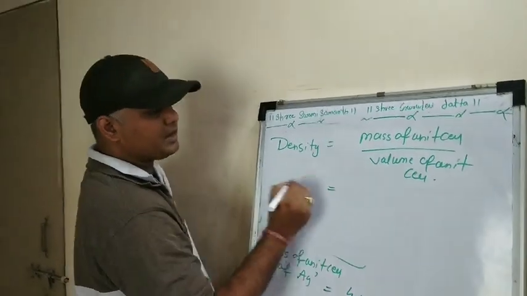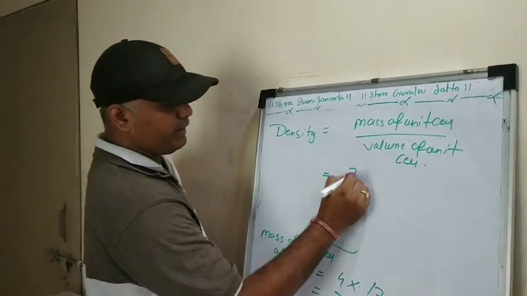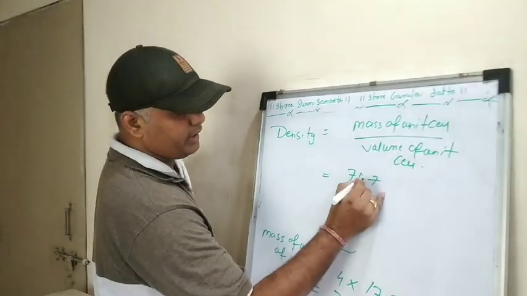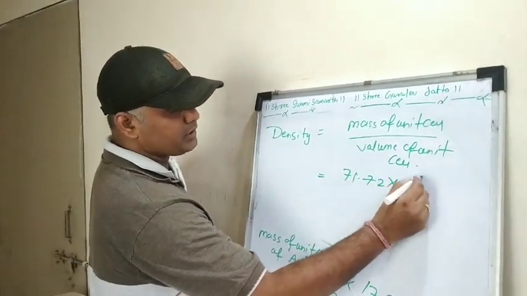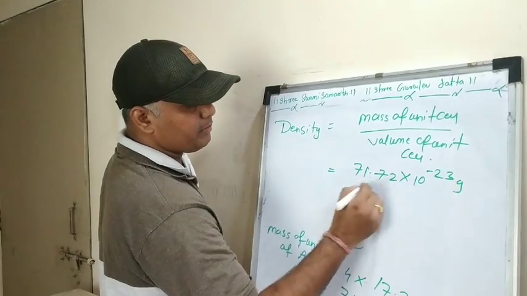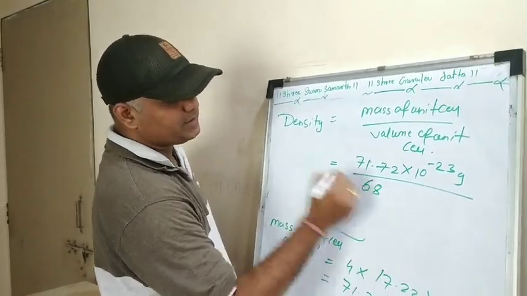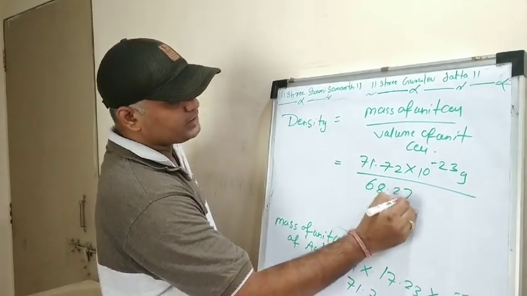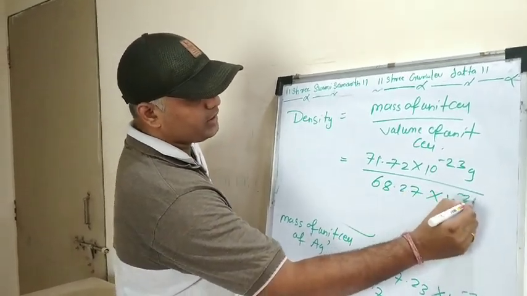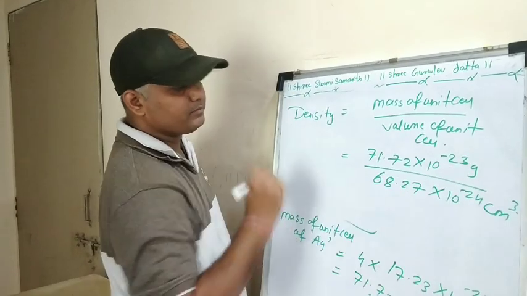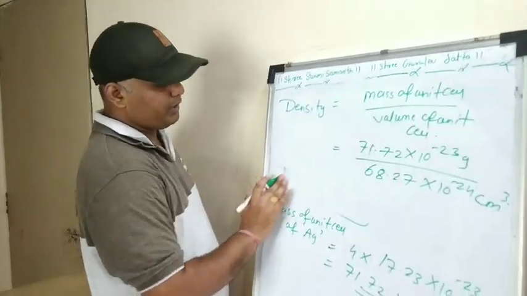Right? So what is the mass of a unit cell? 71.72 into 10 raised to minus 23 gram divided by, what was the volume? Volume was something 68.27 into 10 raised to minus 24 centimeter cube, right? So what will be the particular density?